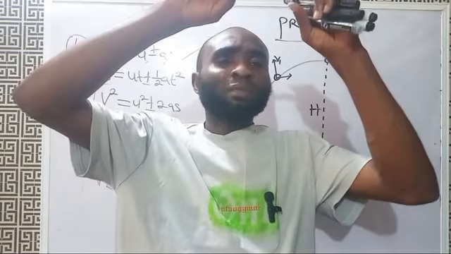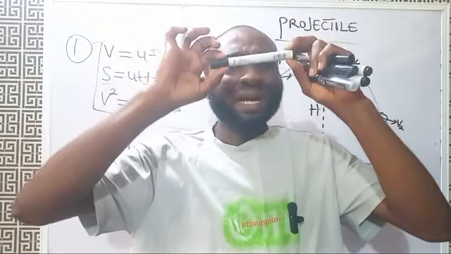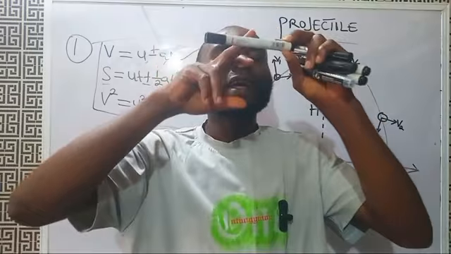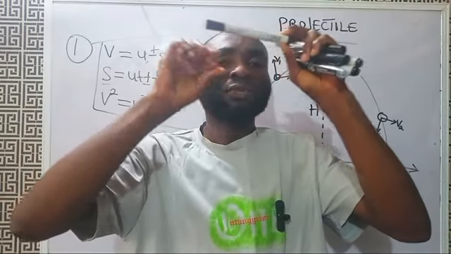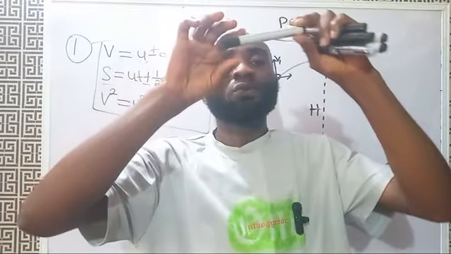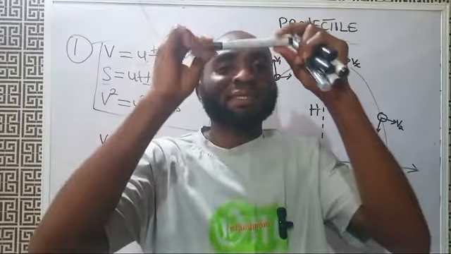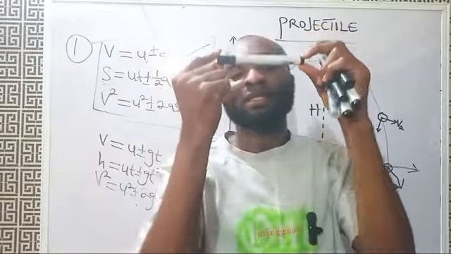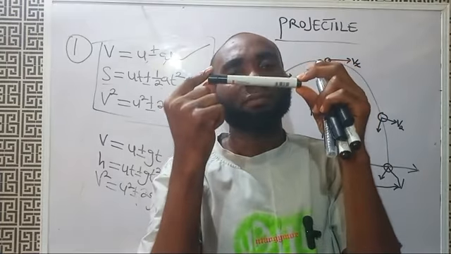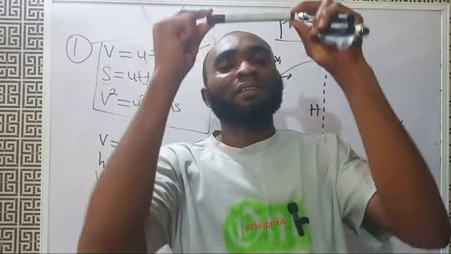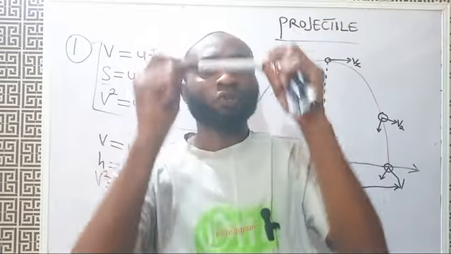At that maximum height, the final velocity will be 0. That is why it will not continue to move up. Then it will start moving back to the ground. So at the maximum height, the final velocity is equal to 0.